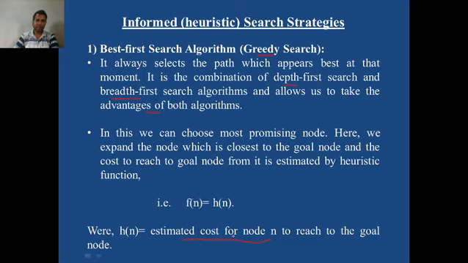For example, you are working at node B, then the heuristic cost for node B can be represented like this, h of B. So what exactly is h of n? It is the estimated cost for node n, where n is the name of that particular node, it can be anything, to reach the goal node, okay. So let us go through the problem.